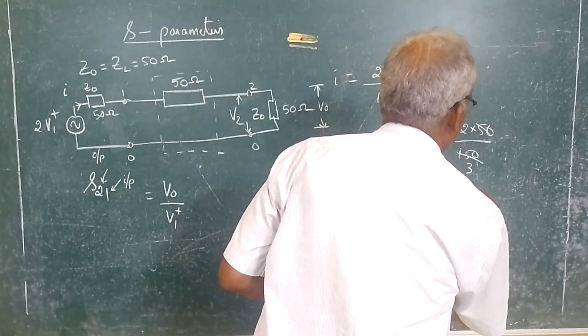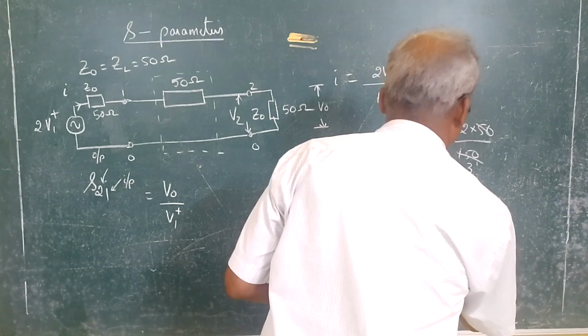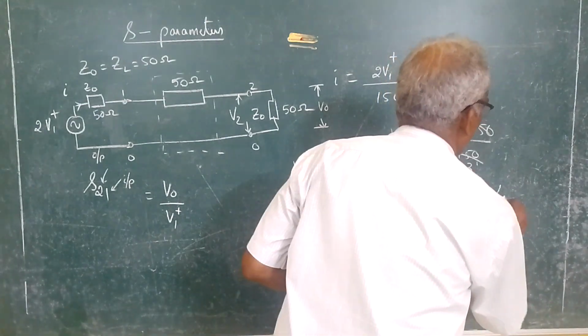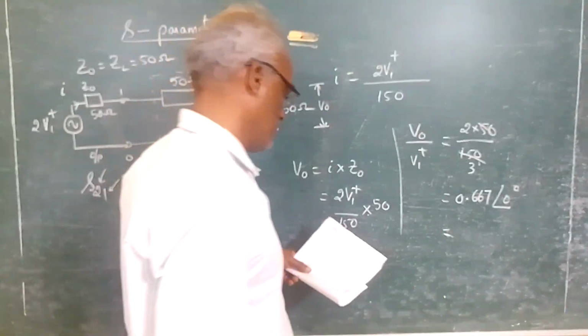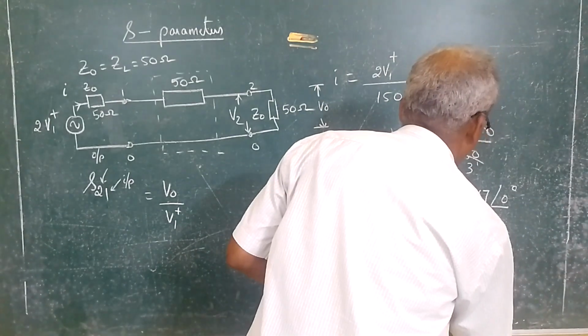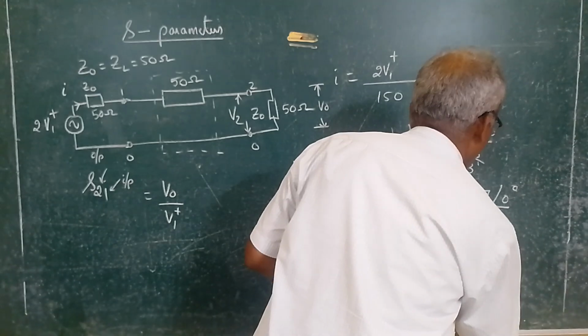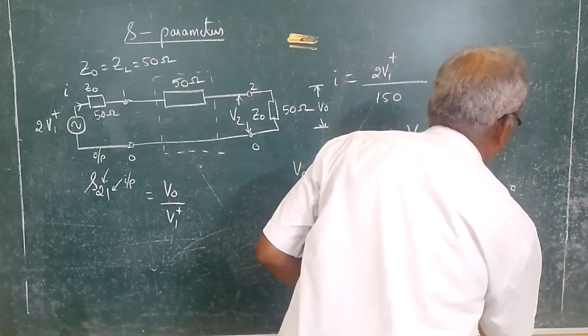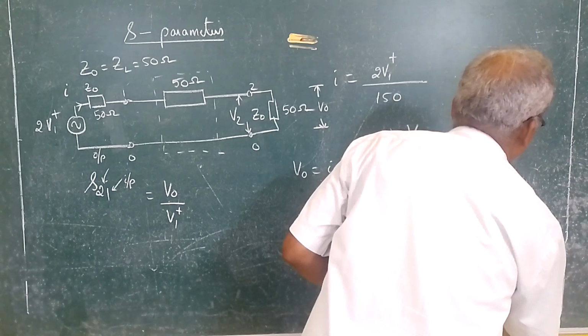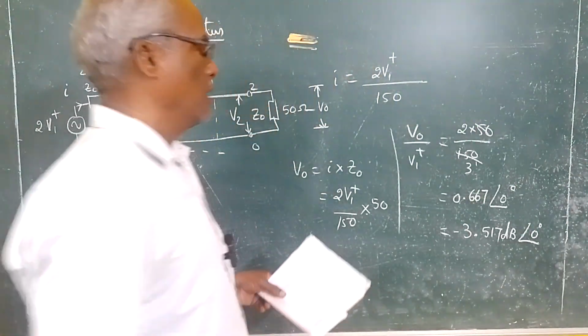If 2 by 3, the value is 0.667 angle 0 degree, or if you want the answer in decibels, it is minus 3.517 dB angle 0 degree. Okay.